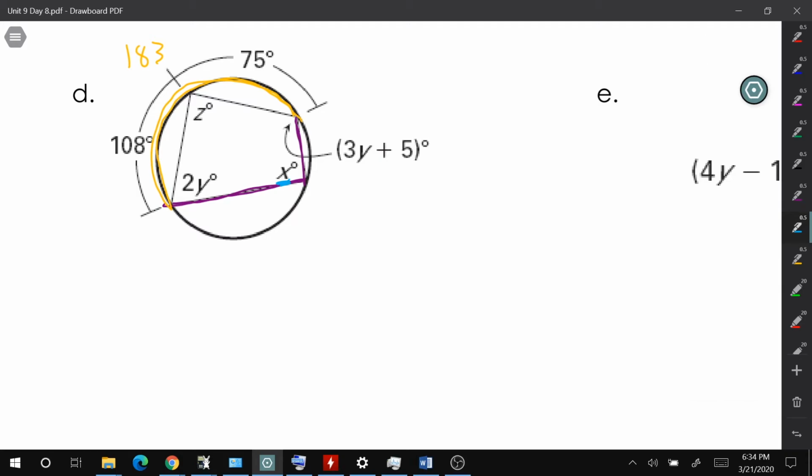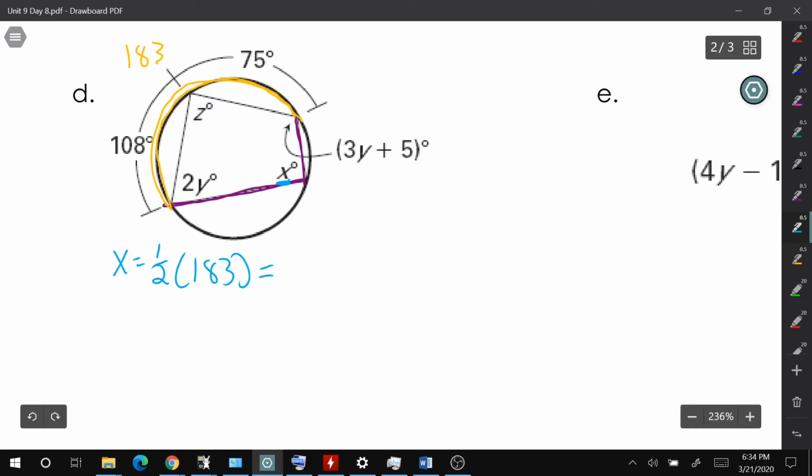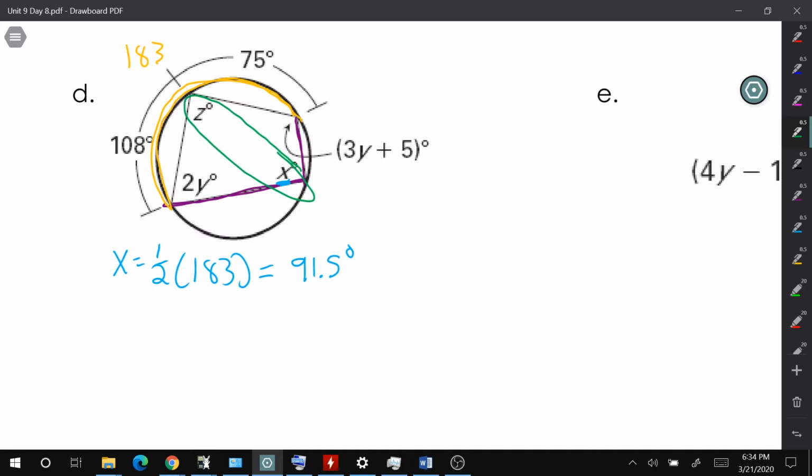So X will equal 1/2 times 183, and that equals 91.5 degrees. Now these two are opposite angles, so they must add to 180.